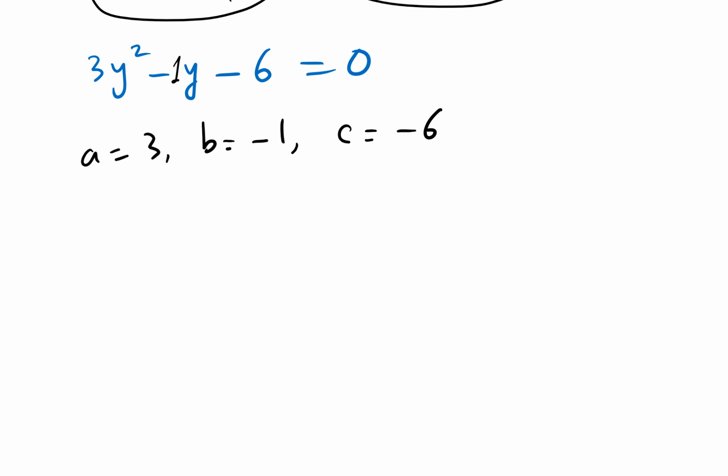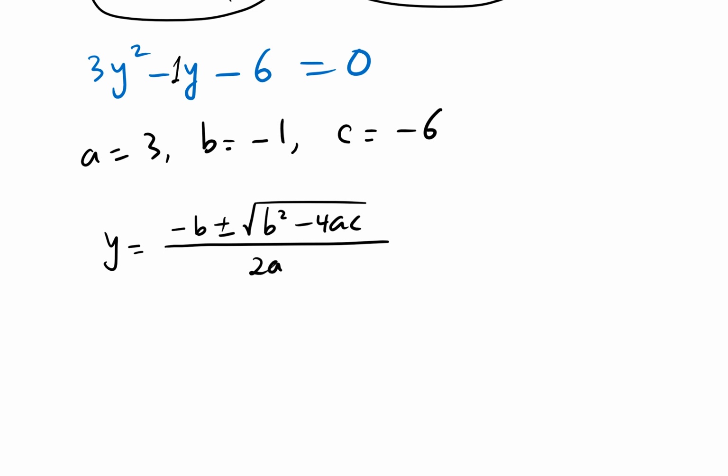So we substitute this in. Here we have y, not x. Negative b plus or minus the square root of b squared minus 4ac over 2a. Substitute negative, negative 1, positive 1.